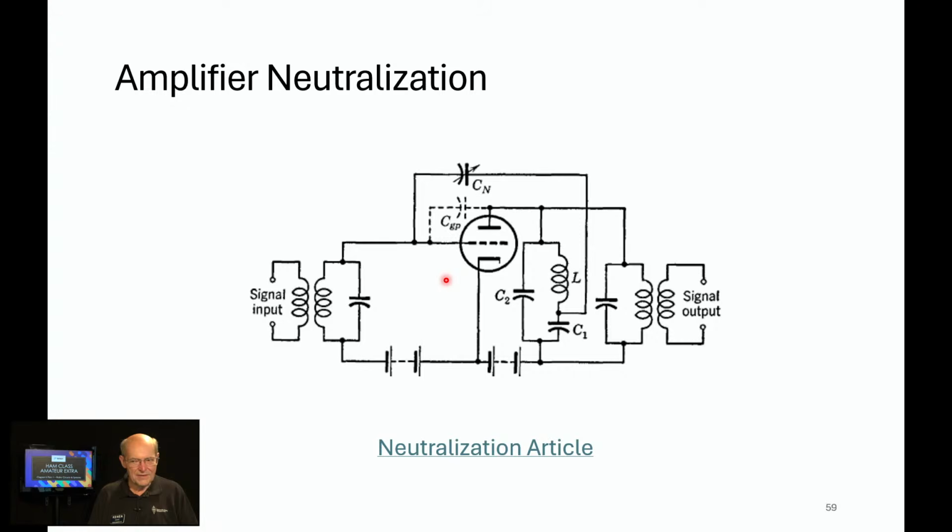And that's another benefit of a grounded grid linear amplifier. Neutralization is not required. Okay, that's a good thing to know. So that's the concept. If you can neutralize the amplifier, follow the directions in your manual.